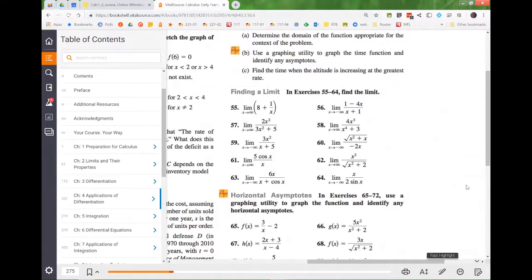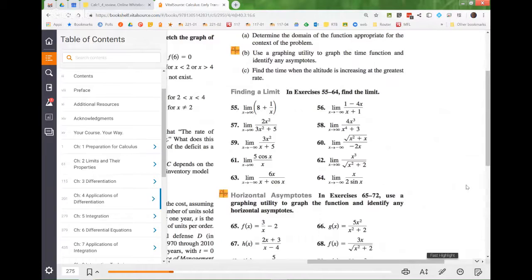Okay, 56. x is approaching negative infinity. Well, what's true of the degree of x, top and bottom? On top, it's a 1. On the bottom, it's a 1. So we have to go with the coefficients, right? So we have a negative 4 over a positive 1. But x is approaching negative infinity.